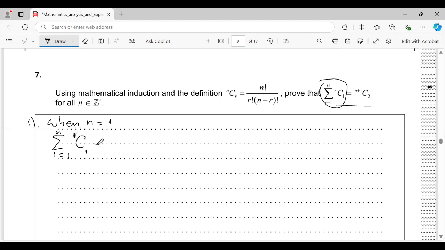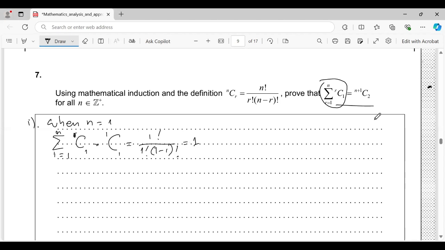I'm going to write it here. So to find this combination, 1 factorial over 1 factorial, 1 minus 1 factorial, and it is 1.